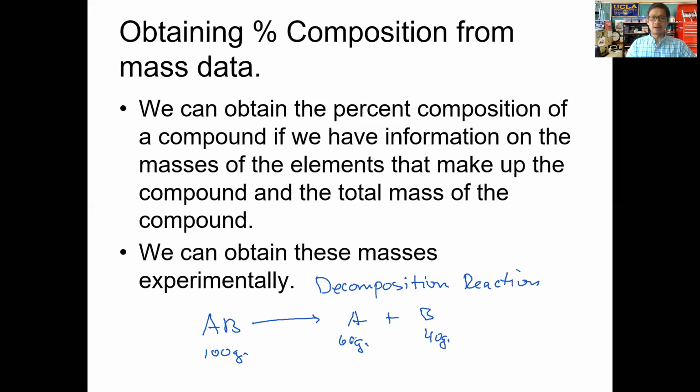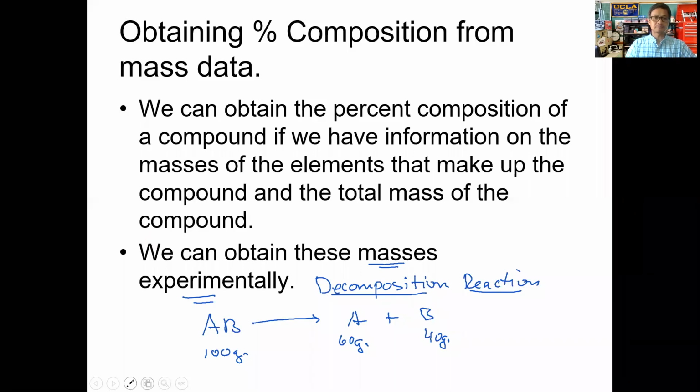This is the amount of the element A that was originally in this compound. This is the amount of B that was originally in that compound. And so therefore, we can obtain the percent composition by comparing these masses to the total mass here. And that's what we mean by obtaining the masses experimentally. So that's one way then that we can obtain the percent composition.